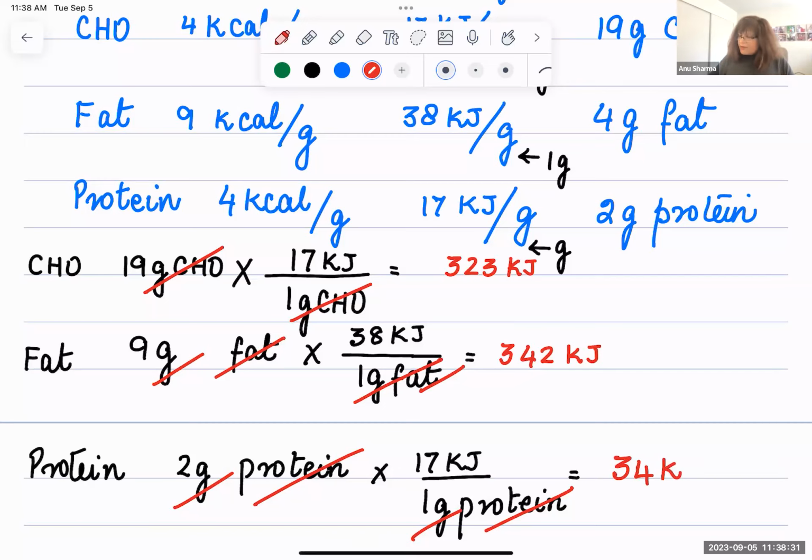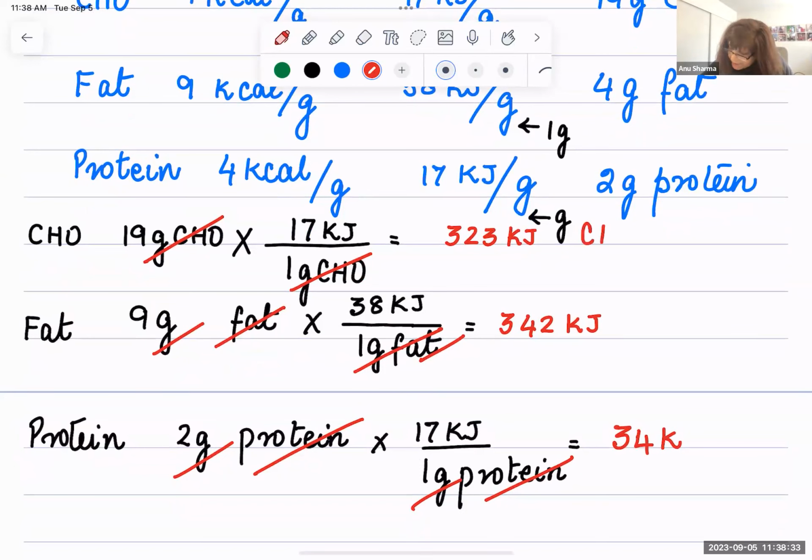These come from carbohydrate, fat, and protein individually.